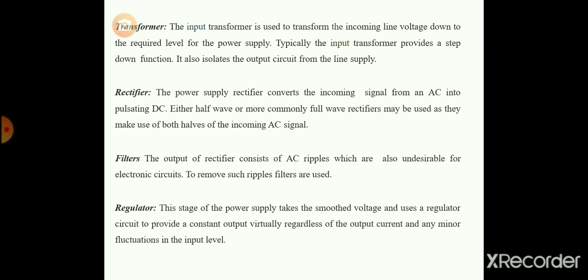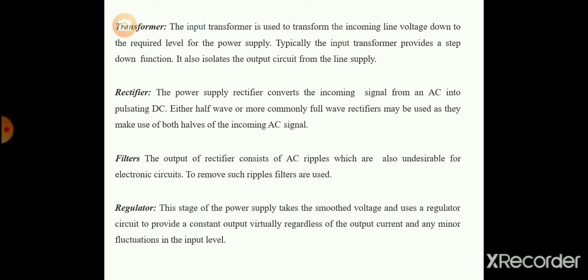Transformer. The input transformer is used to transform the incoming line voltage down to the required level for the power supply. Typically, the input transformer provides a step down function. It also isolates the output circuit from the supply. Rectifier.